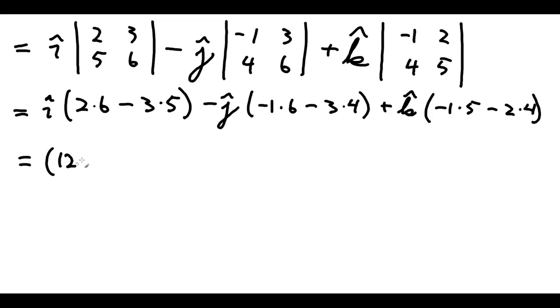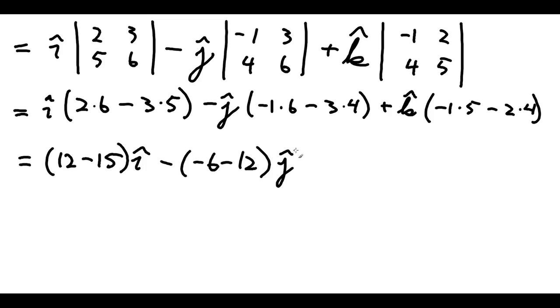So we have 12 minus 15 i, minus negative 6 minus 12 j, plus negative 5 minus 8 k, assuming I have done all of that quick mental arithmetic correctly. 12 minus 15 leaves us a negative 3i.